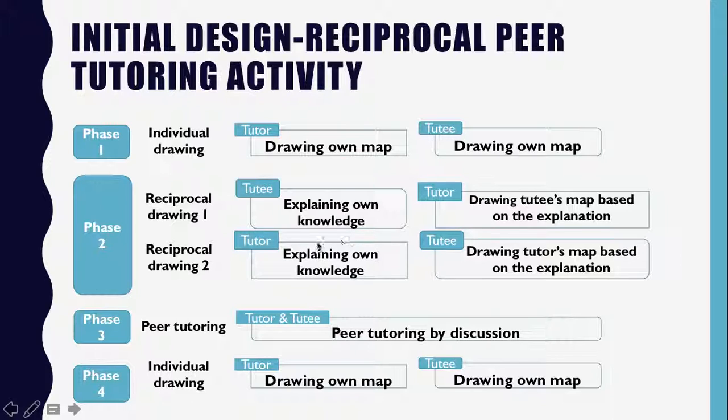And in the second step, tutee will explain their knowledge based on the map he or she drew at the first step, and then tutor will draw the tutor's map based on the explanation.